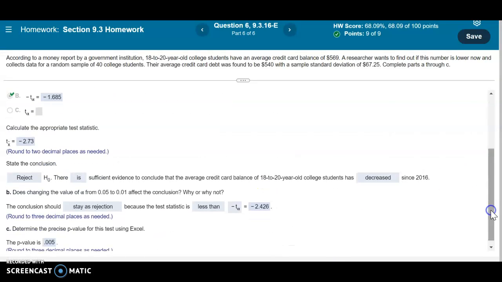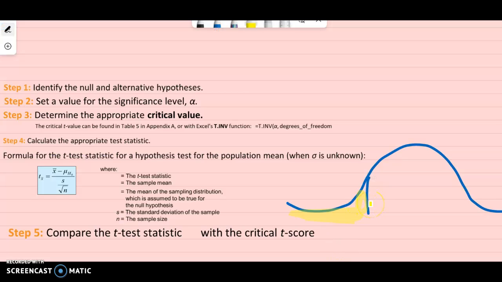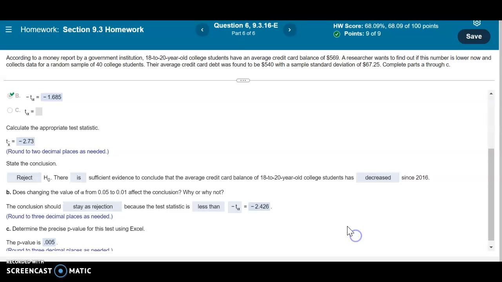Then you would use our formula that we've been using to calculate your test statistic. So we know that our critical value is negative 1.685. For our test statistic, using our formula right here, you would plug in the values they gave you. Our sample mean, the average credit card debt in our sample of 40 students, was 540.